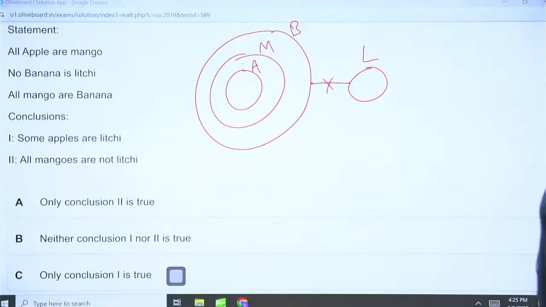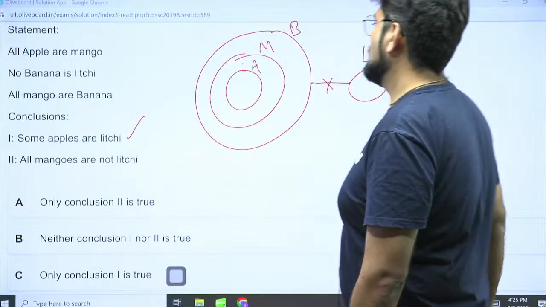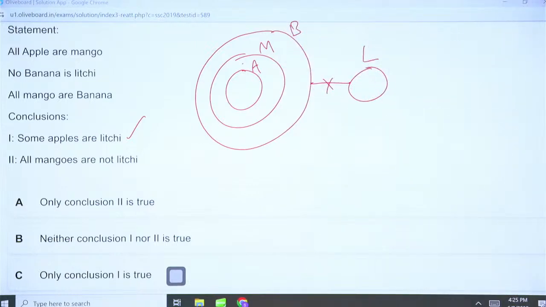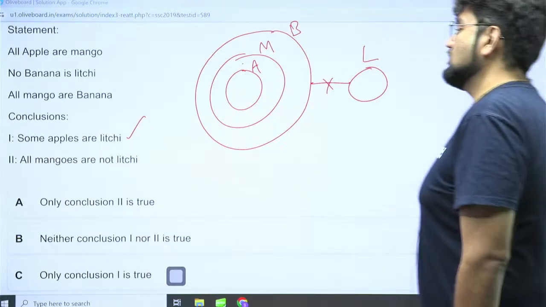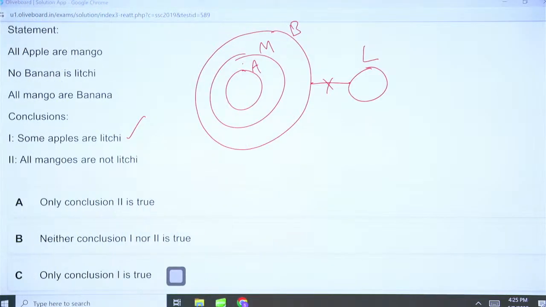Some apples are lychee, not at all. All mangoes are not lychee, or all mangoes can never be lychee. Instead of are not, you can also say can never be. I think that's also pretty correct, because mango is a part of banana and banana is restricted in lychee.